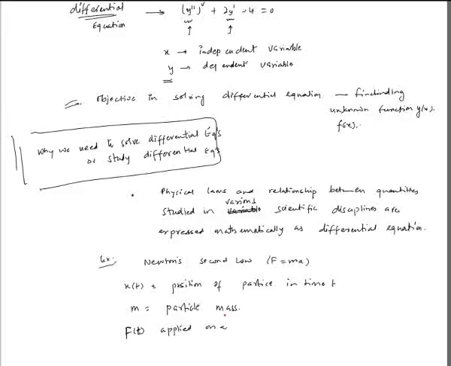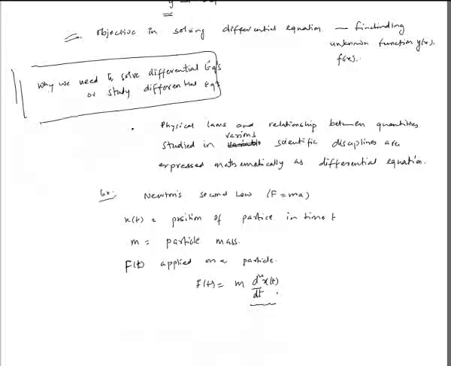So if a force f of t is applied on a particle of mass m, then its position at t is related to f of t by the equation f of t is equal to m d square x by dt square, where x is a function of time. This is nothing but your acceleration term, the second order derivative of the position, which is the acceleration.